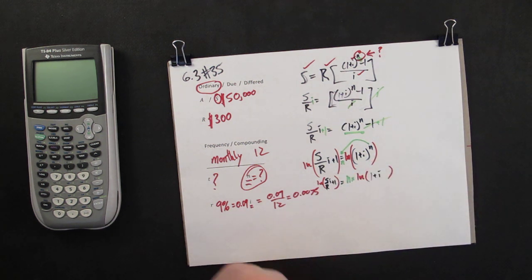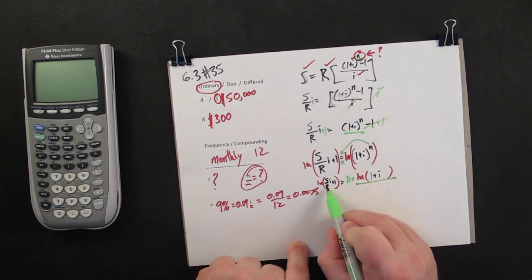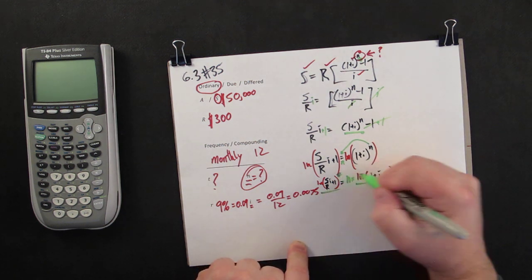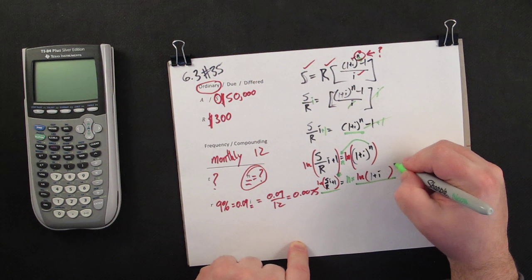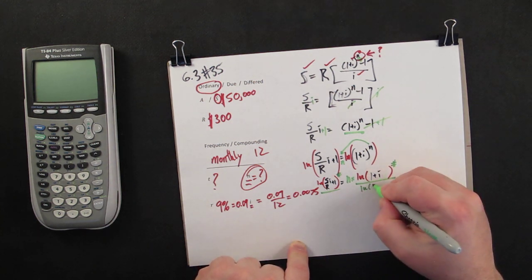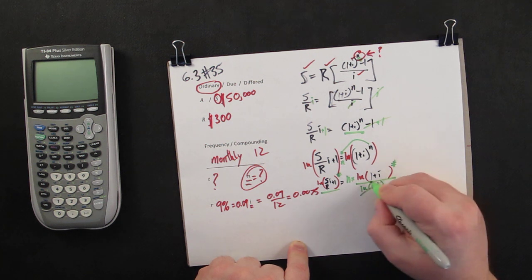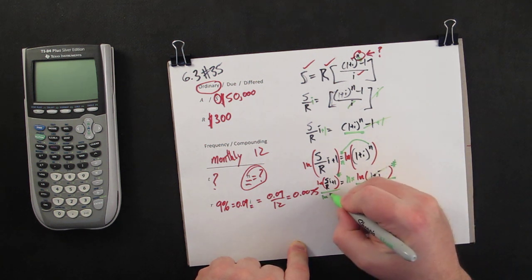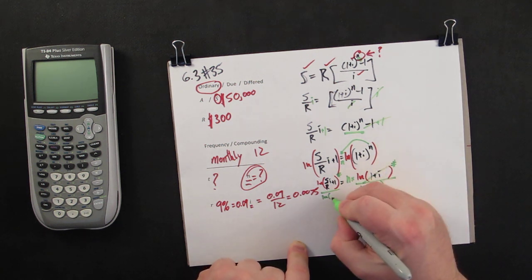Now divide through. At this point these are numbers because you know all the values. It'll cancel, and then you have an expression for n.